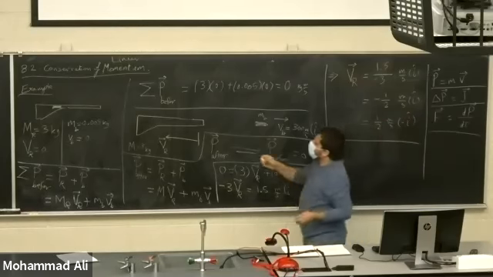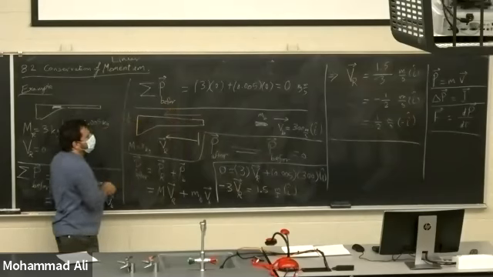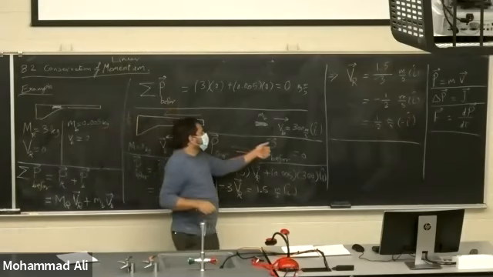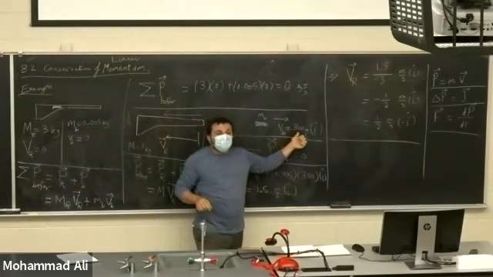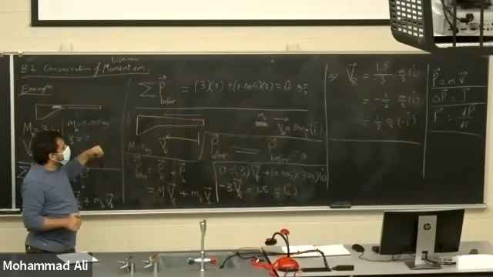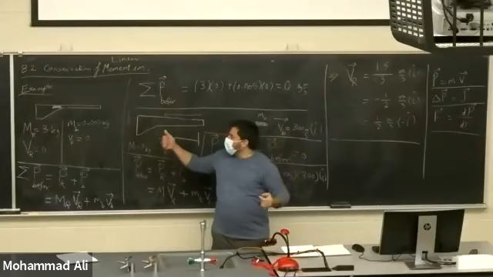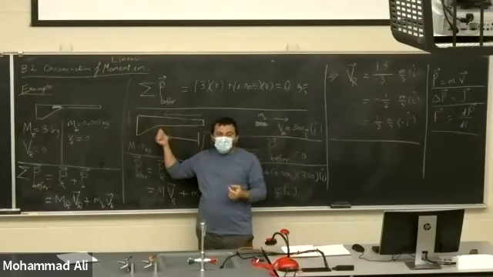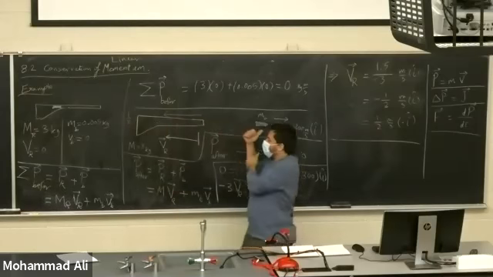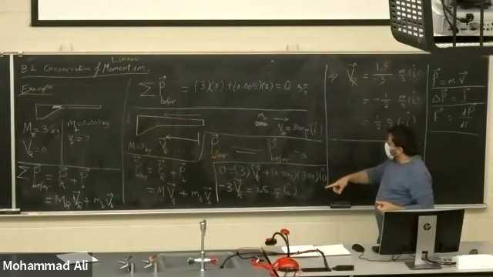That means the rifle will move in this direction with velocity 1/2. But the velocity of the bullet is 300, much higher than this velocity. That is because of the ratio between the masses: the bullet has a small mass, so its velocity will be higher, because this is 3 kilograms and this is 0.005.